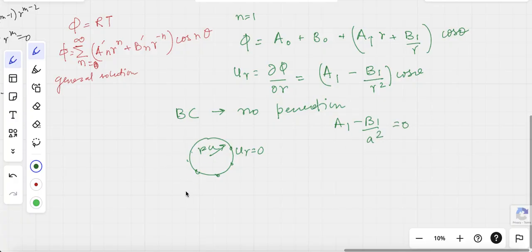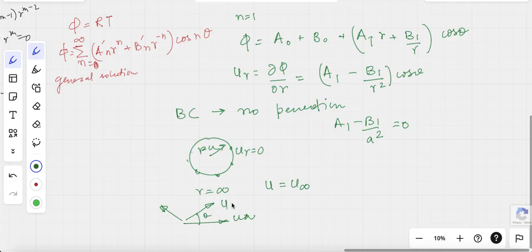The second is that at r equals infinity, u is equal to u infinity. So this is u infinity, at r equals infinity, this is theta.